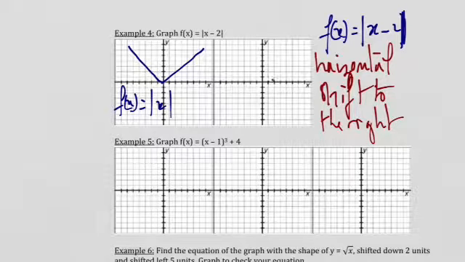So I'm going to have something looking like this. This is f of x equal absolute value of x minus 2.